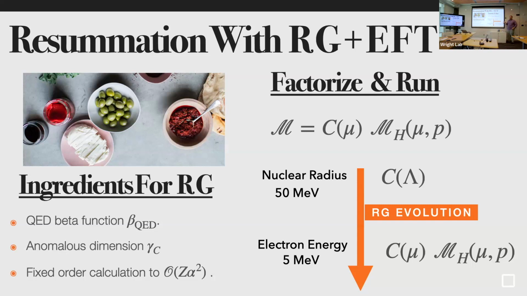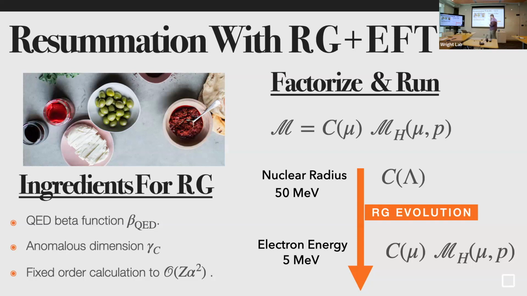If it's exactly equal, that log is 0, and if it's a little off, they're going to average to 0. So what I want to do is compute this matrix element at a scale where there are no large logs, and then push all of the big logs in the problem into this Wilson coefficient. That's the strategy.